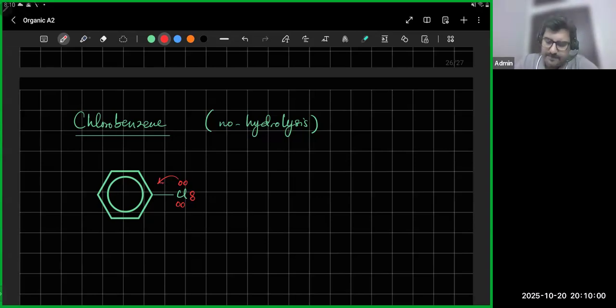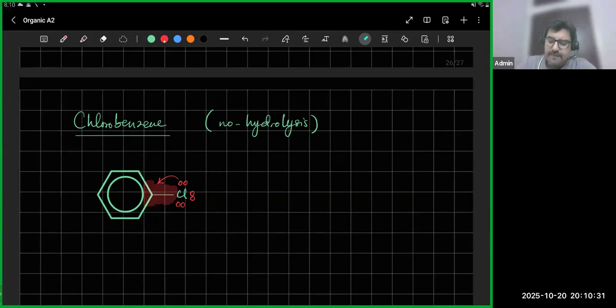So the C-Cl bond increases in strength because you have more electrons over here. The lone pairs and the benzene electron cloud overlap, so there's going to be a lot of electrons at this point. Remember each carbon atom had a p orbital, and the lone pairs and these p orbitals are going to mix up.